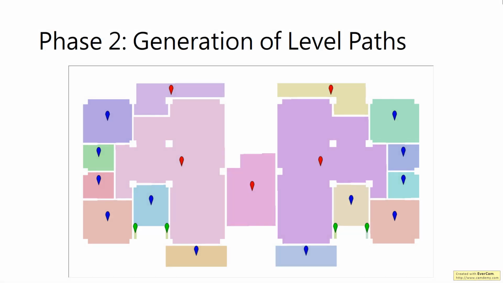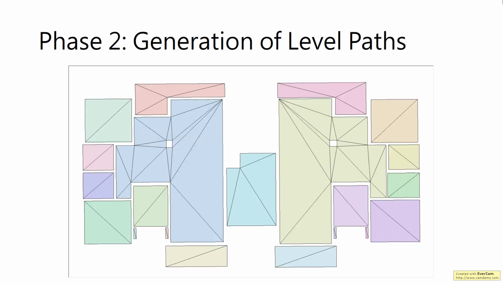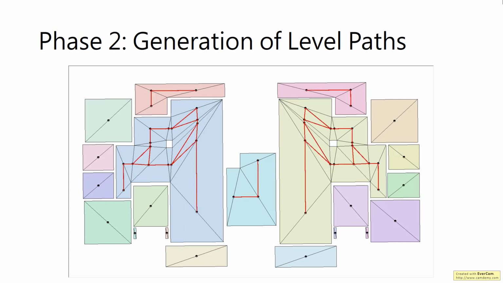Phase 2. Generation of floor level paths. The algorithm then divides those indoor spaces into triangles using the Delaunay algorithm, and it connects the midpoint of each internal side of the triangles to form the path for those indoor spaces with irregular shapes.